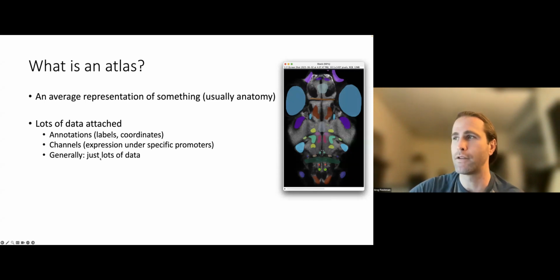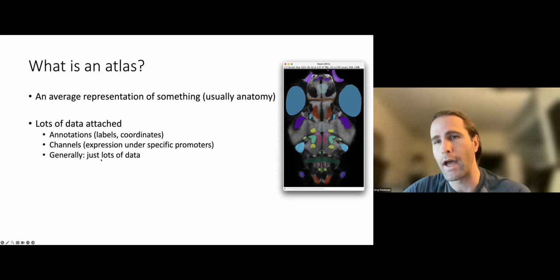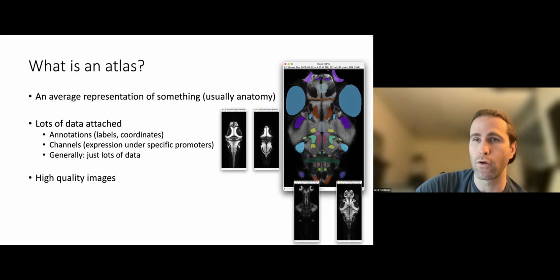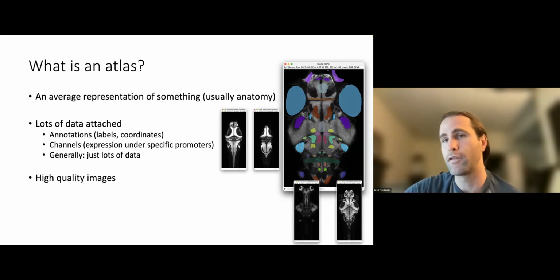So generally, an atlas contains lots and lots of useful data that might help you in your experiments interpret your own data. And then all of those forms of data are typically, in a modern digital atlas, represented with high quality images that you can use to register your own data to the atlas, explore the space of images yourself online, things like that.